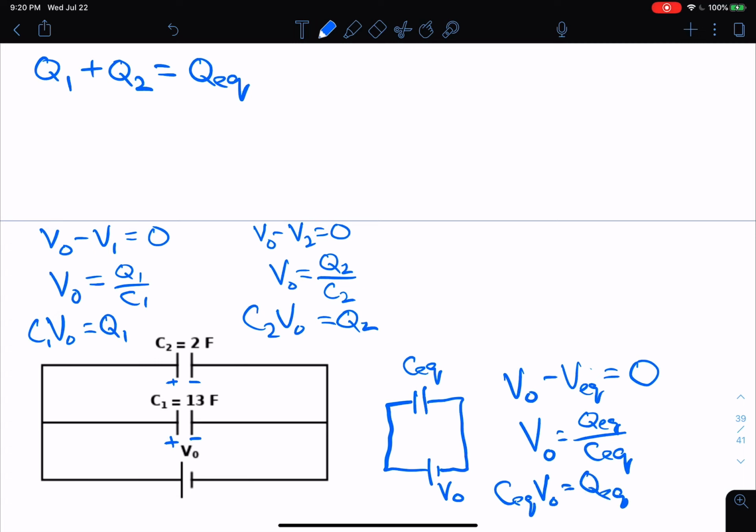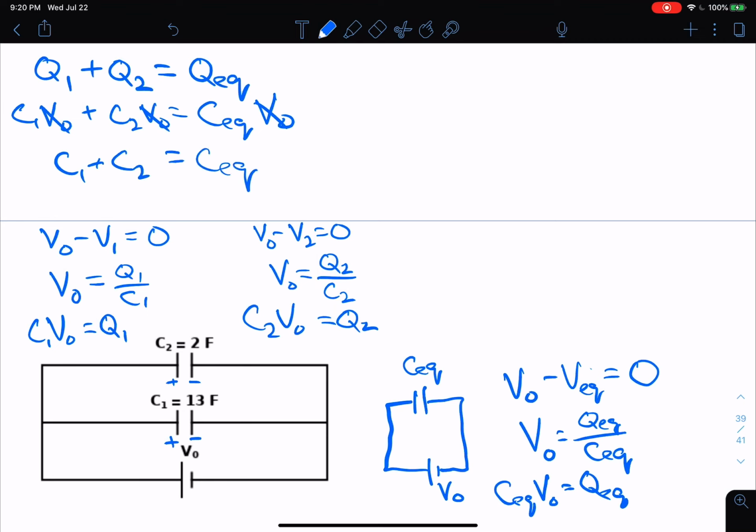And so if I take these and plug them into this formula I've got up here, I get C1 V naught plus C2 V naught equals CEQ V naught. The V naughts all cancel, and I get C1 plus C2 equals CEQ.